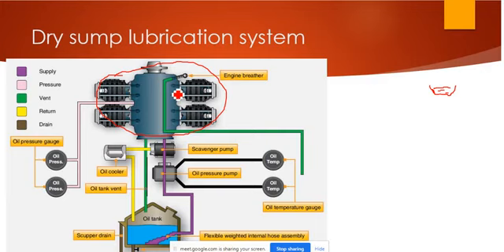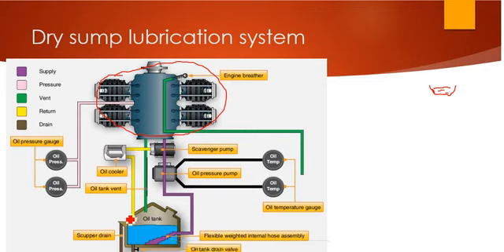So a lubrication system needs to lubricate and cool all the engine parts inside the casing. After cooling the engine parts, the oil needs to move towards the sump.